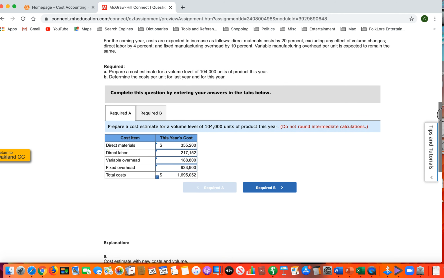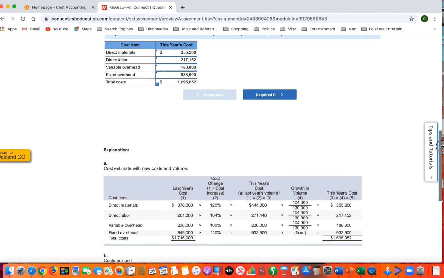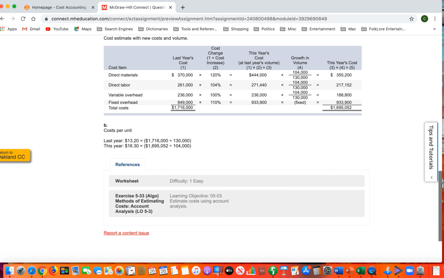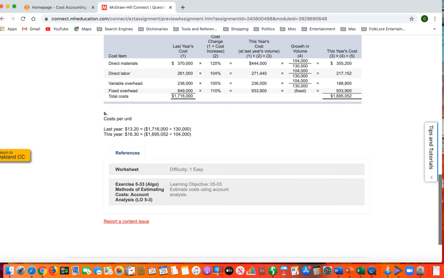So for the previous year, the 130,000 units, the unit manufacturing cost is $13.20, and the current year is $16.30 per unit because production dropped, and therefore more fixed cost was added to each unit. So they go $13.20 and $16.30.